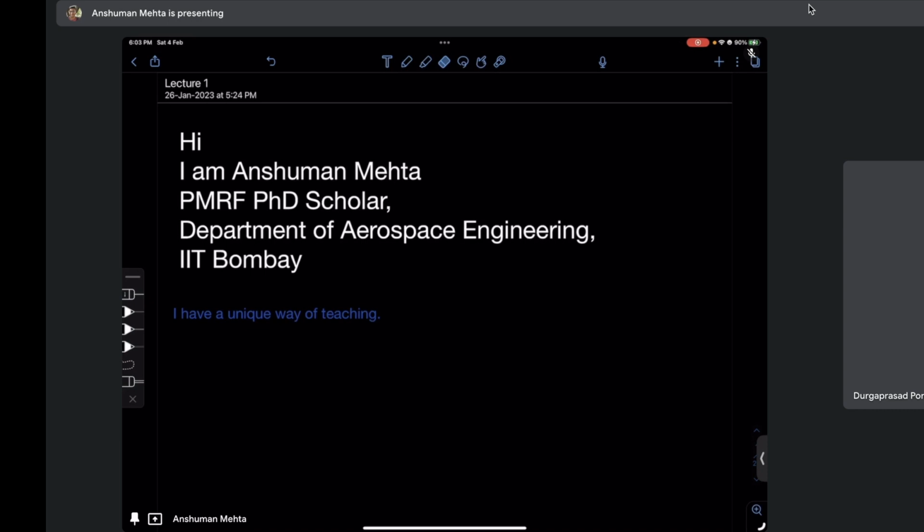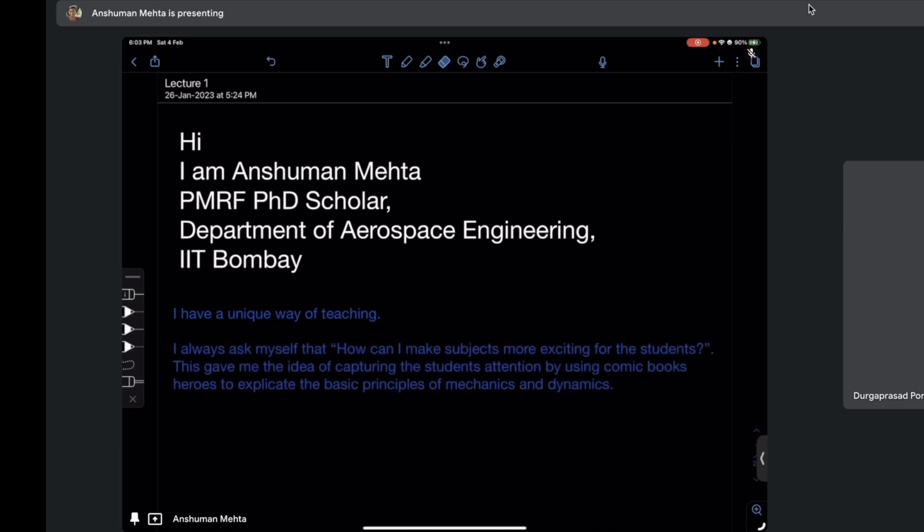I have a unique way of teaching. I always ask myself how I can make the subject more exciting for students. This gave me the idea of capturing the students' attention by using comic books, the comic book heroes, to explicate the basic principles of mechanics and dynamics.